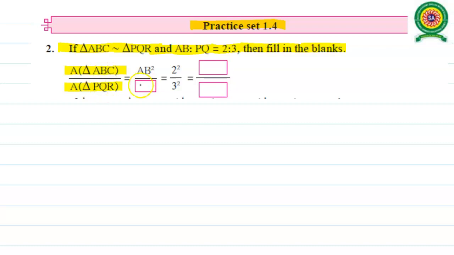AB corresponds to PQ, so we have AB square divided by PQ square. That means 2 square divided by 3 square, 2 square becomes 4 and 3 square becomes 9. So we fill in the boxes as PQ square, 4 and 9 respectively.